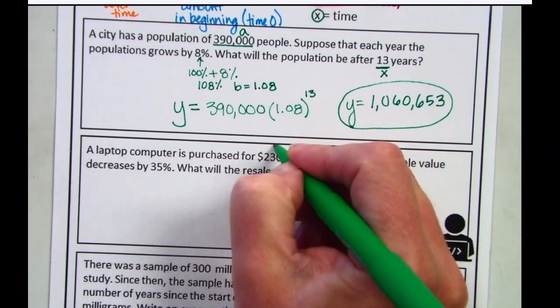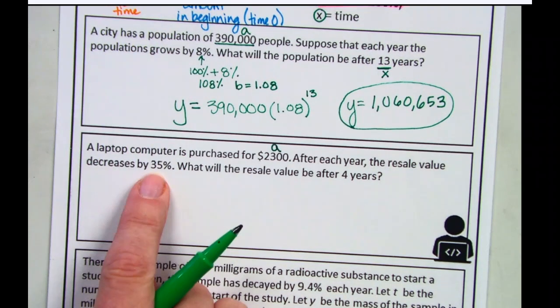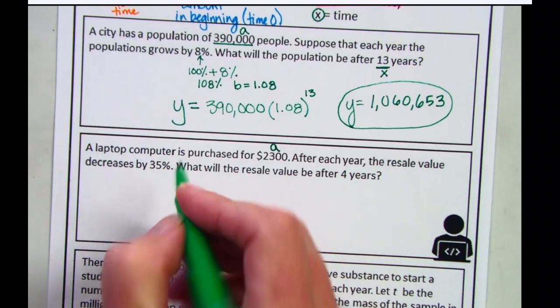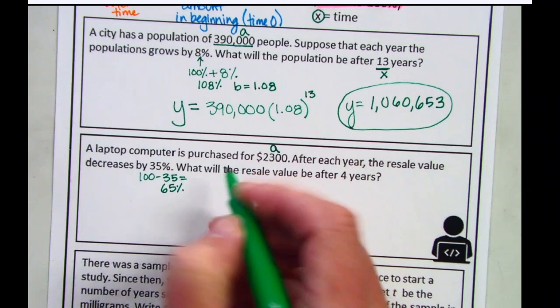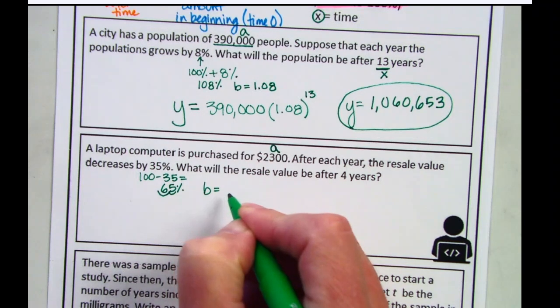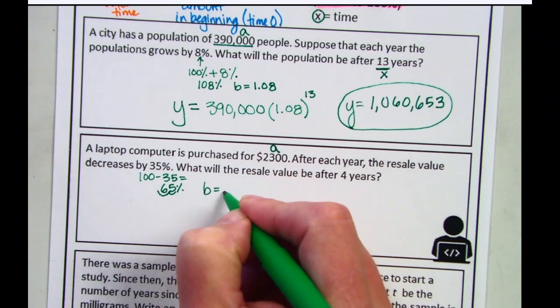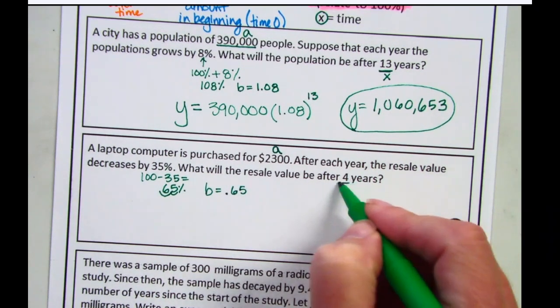Our amount in the beginning, our A, our initial value. 35% is almost our B. What do we have to do if we're decreasing? So 100 minus 35 is 65%. So our B is, move the decimal twice, 0.65.